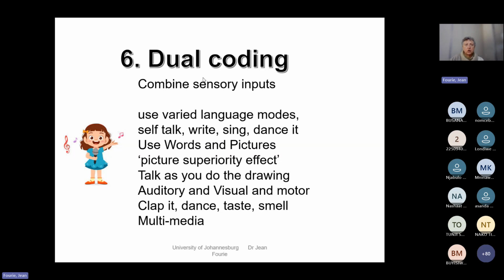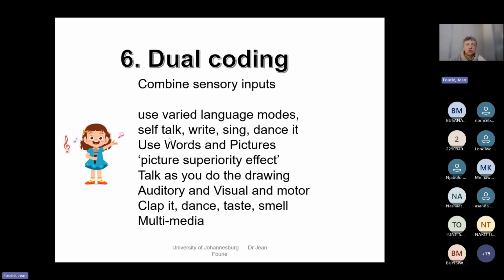And so for dual coding, the word dual means two. And when we speak about coding, we're actually referring to encoding, where information is encoded from short-term memory into long-term memory. And here you would be consciously thinking about what are the different ways that information is going in to the learners. Are we using different language modalities? Are they talking themselves through this thing?